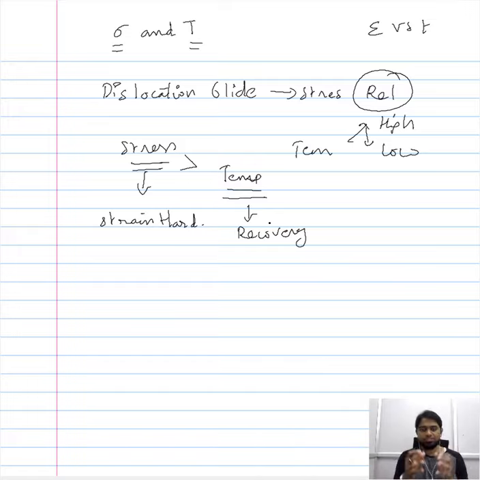And during dislocation glide, the strain hardening is more dominant than the recovery, and the only role recovery plays in reducing the effect of strain hardening, or the increase in the dislocation density that is introduced by the strain hardening, is through the annihilation of dislocation, and this it does by increasing the mobility of the dislocation and activating the slip systems.